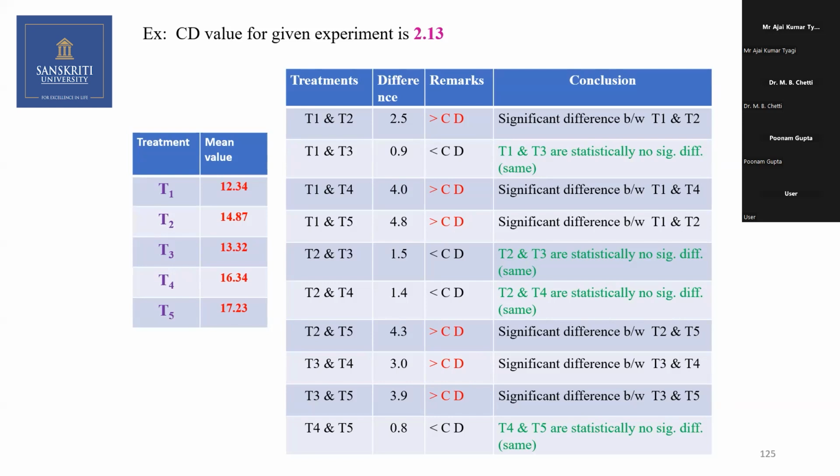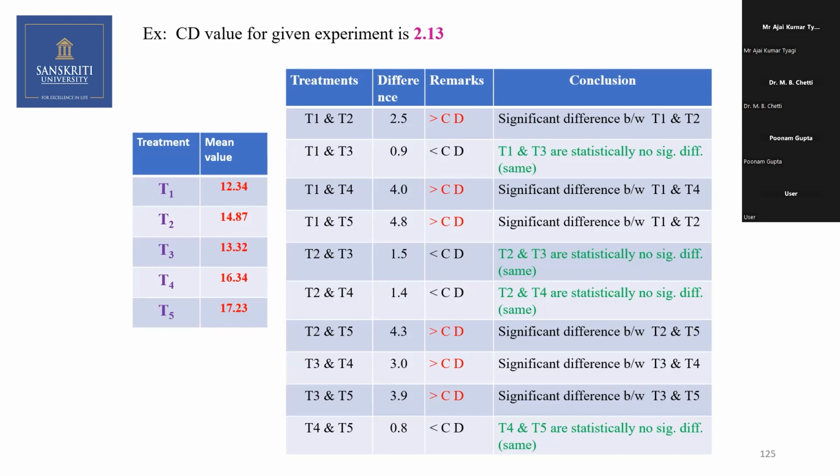Whereas T2 and T5 differ, T3 and T5 differ, T4 and T5. In a nutshell, T5 differs significantly from all other treatments except T4.